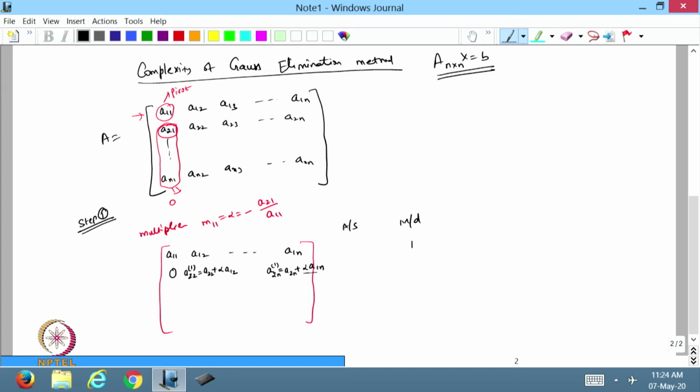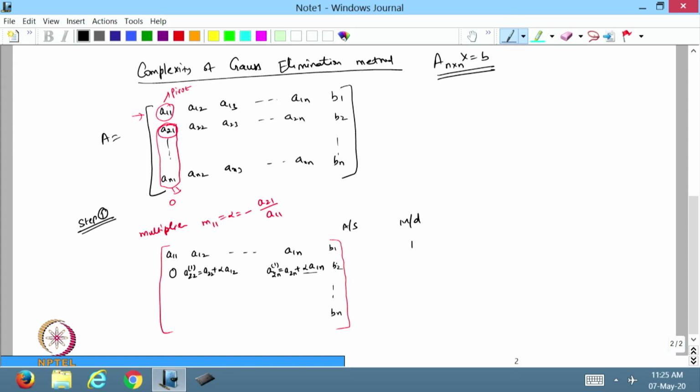Now I will change this matrix. I will put the right hand side elements as the last column, because whatever operation we are applying on the matrix is also applied on the right hand side. So, I will again write this element as B1, B2 up to Bn, and this is my matrix.